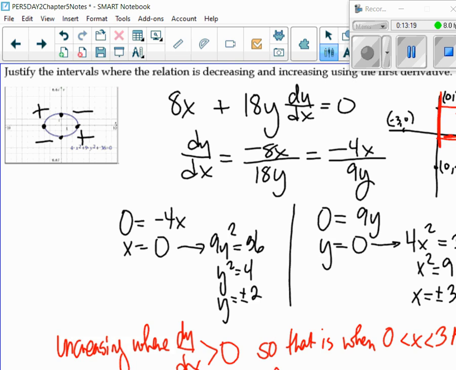And then I'm going to say as well as when it's also positive when x is between negative 3 and 0 and y is between 0 and 2 at the same time, right?